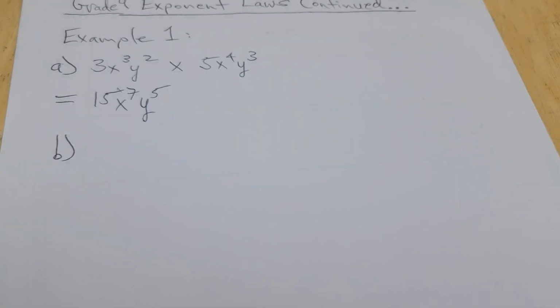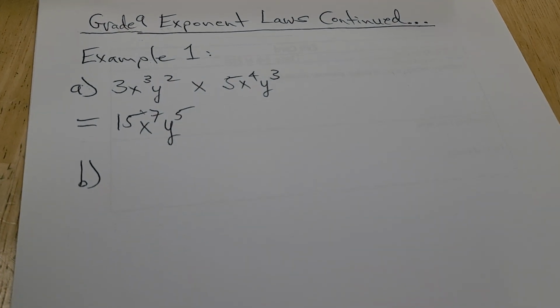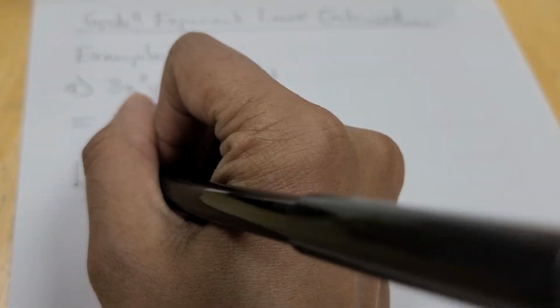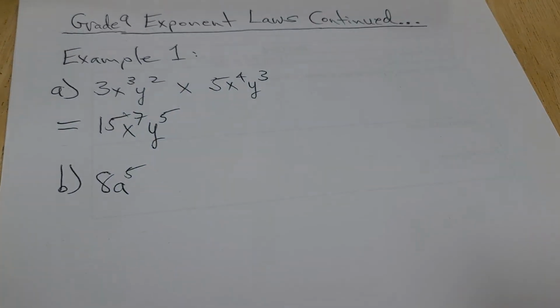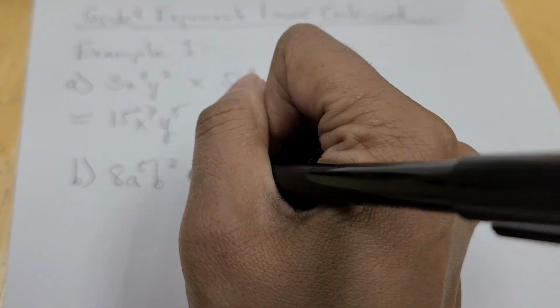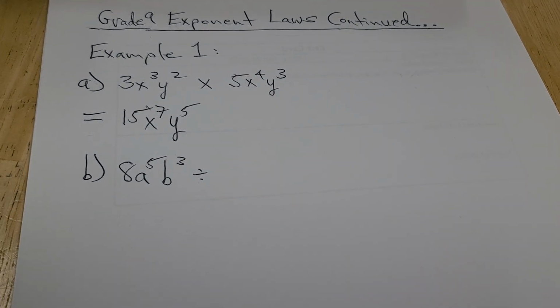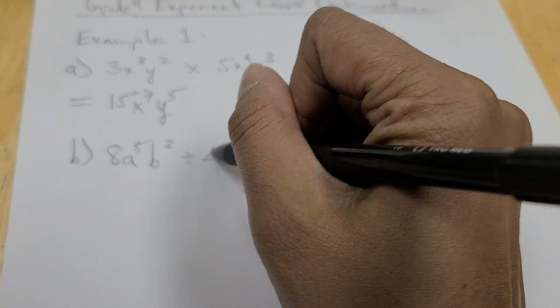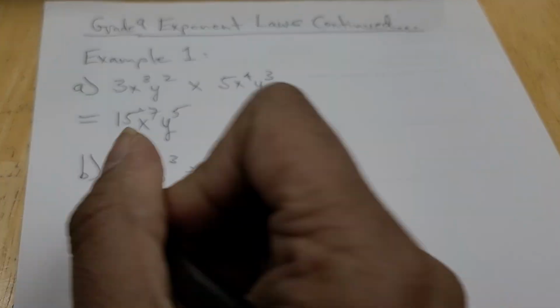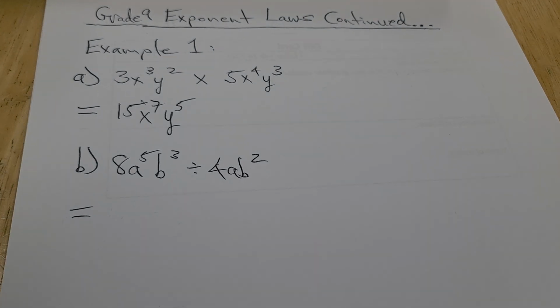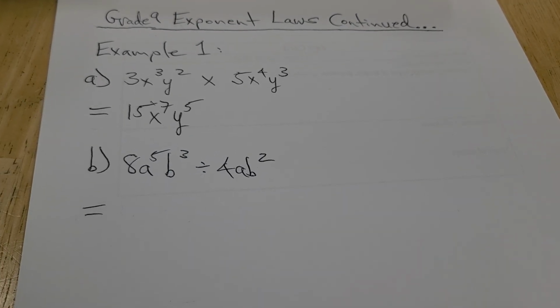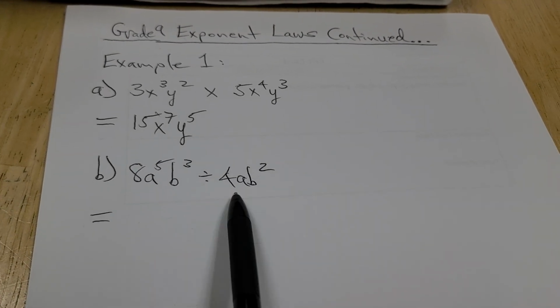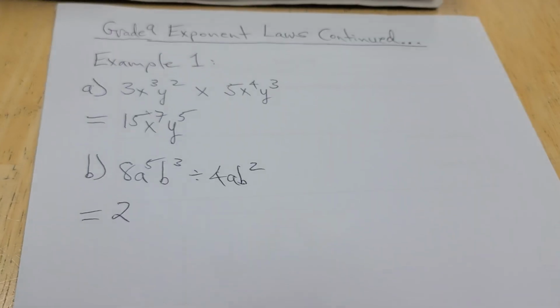Okay, let's try one where we're dividing these expressions. So 8a to the 5, b to the 3. We're going to try just a simple example first, divided by 4ab squared, like this. Okay, so when you're dividing, I'm going to divide the numbers, so 8 divided by 4, which is 2.